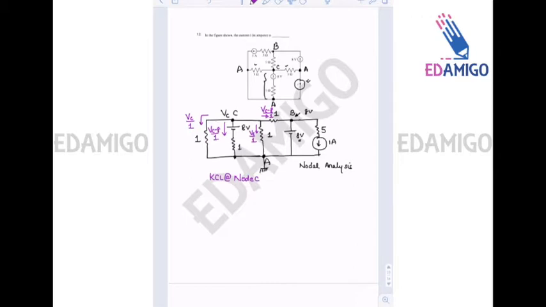So the outgoing current through node C will be VC divided by 1 plus VC divided by 1 plus VC minus 8 divided by 1 plus VC minus 8 divided by 1 is equal to 0. Because this whole is node C. So from here we can see that VC is equal to 4 volt.